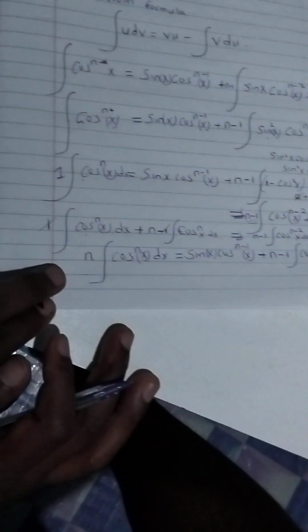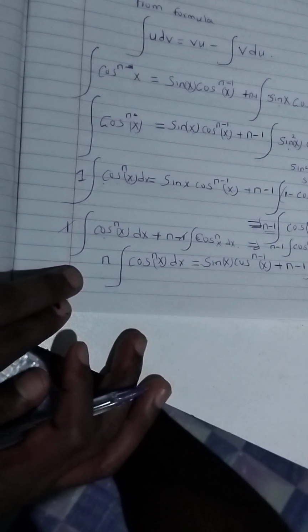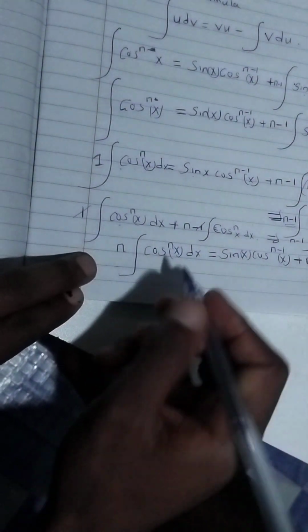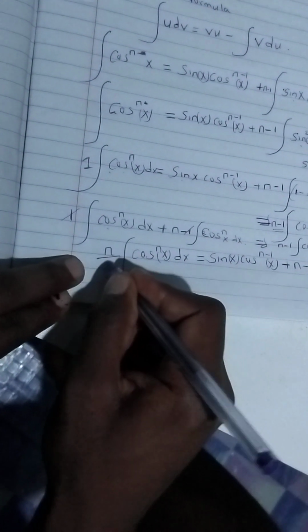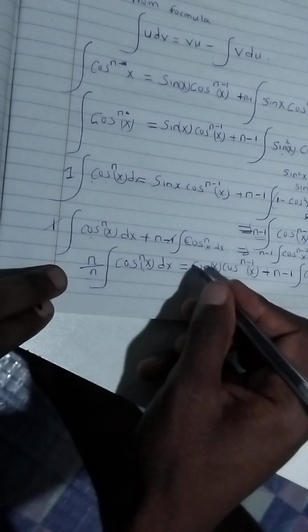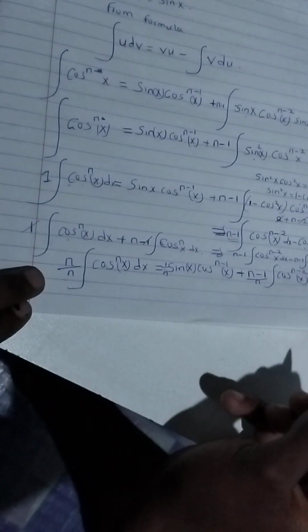Now we wanted to get the reduction formula for cos^n x. We divide by n so that we distribute it on each side, so that we remain with the integral of cos^n x. Divide by n, here there is 1 all over n, then here all over n.